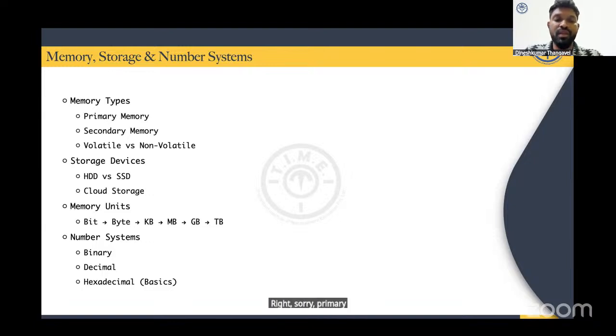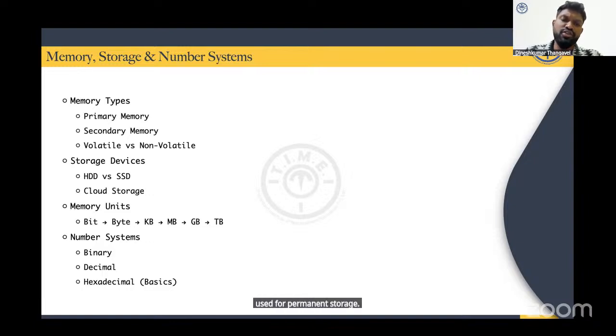Primary memory is fast, directly accessed by the CPU, but limited in size. Secondary memory includes hard disk, HDD, SSD, pen drive, CD, or DVD. Its properties: it is slower, but large in capacity, and used for permanent storage.